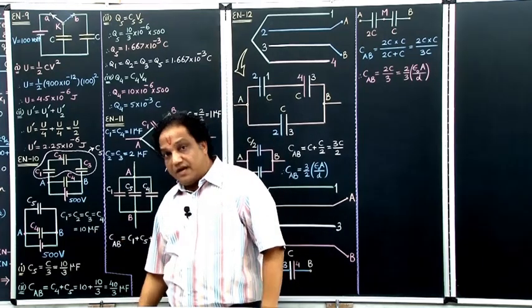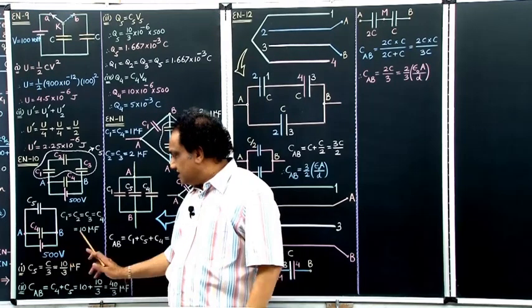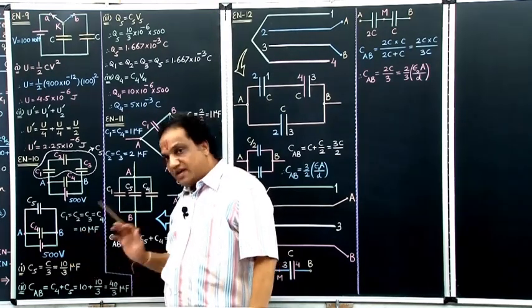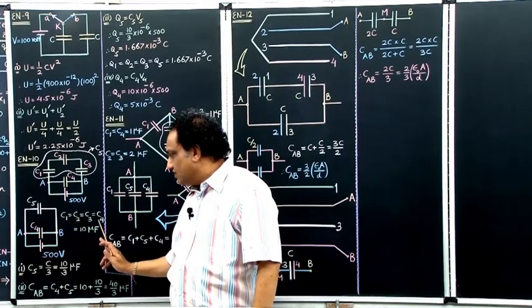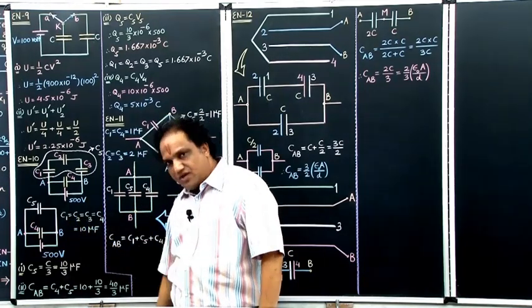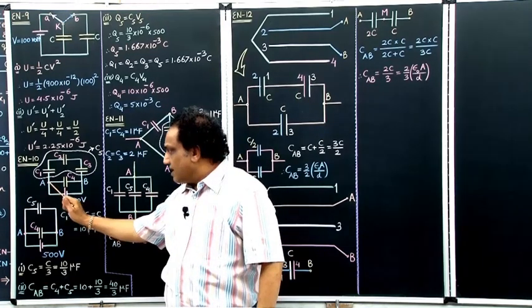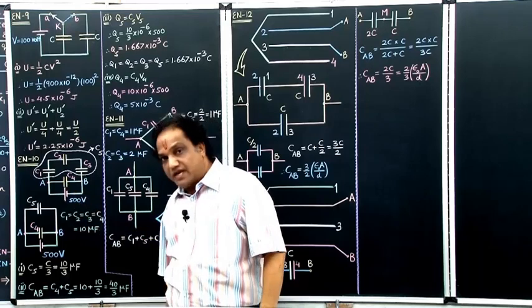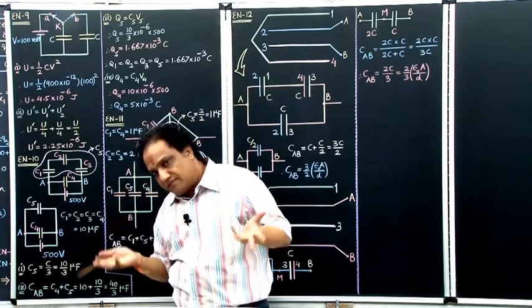We are given a network of 4 capacitors having capacitances 10 microfarad each, okay. C1 equals to C2 equals to C3 equals to C4 equals to 10 microfarad. We are asked to find out 2 things. First, equivalent capacitance of this network between points A and B. Second, charge on each capacitor. Let us find out.